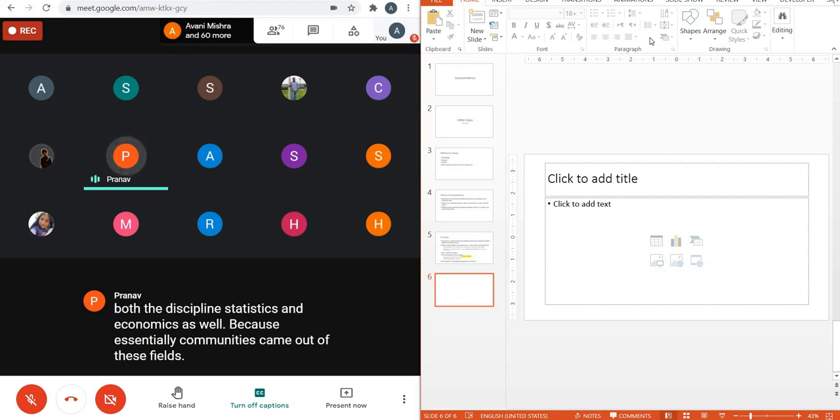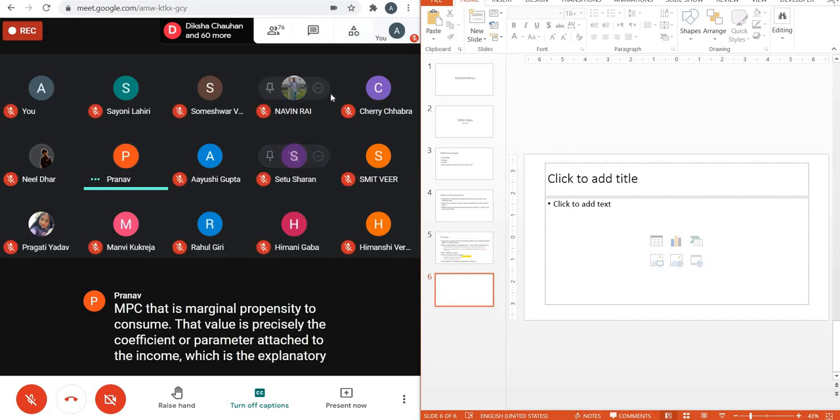So the economic theory is that there exists a direct relationship between income and consumption. And the value of MPC, that is marginal propensity to consume, is precisely the coefficient or parameter attached to the income, which is the explanatory variable as far as Keynes' question goes.